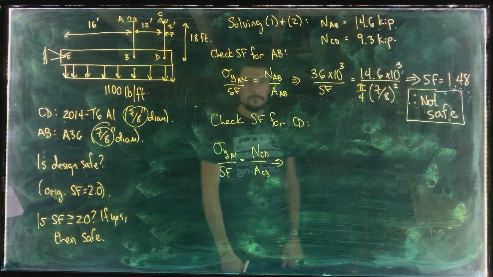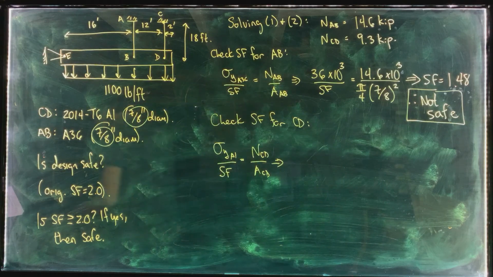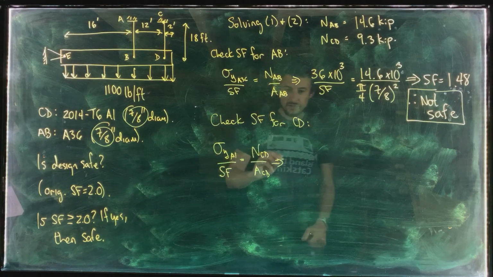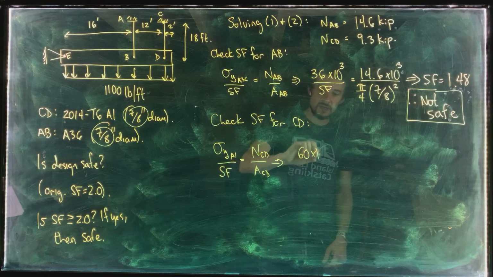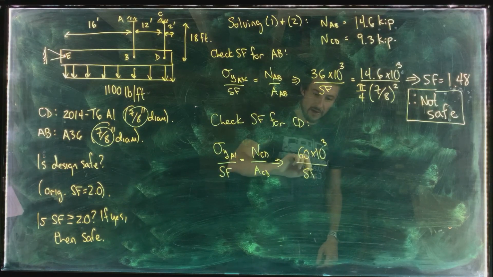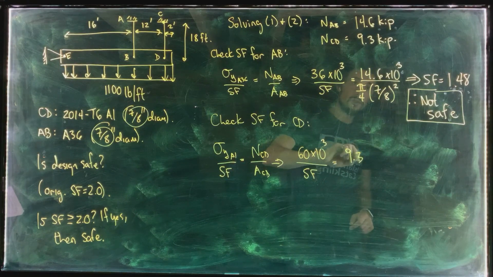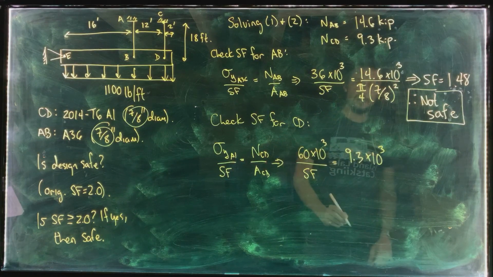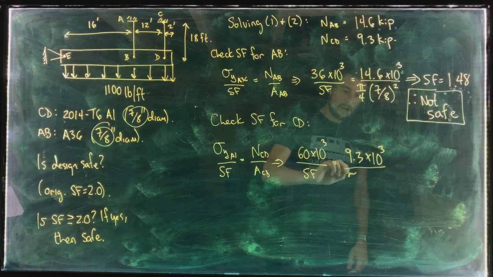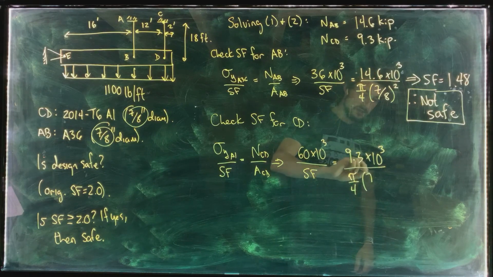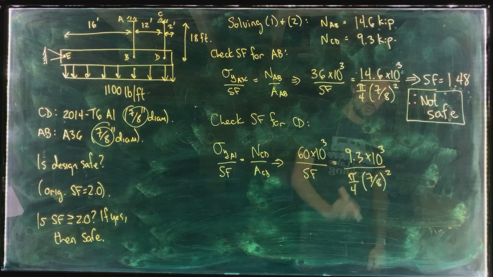So let's do this. I can't even think about what I was doing now. So we want the yield strength for the 2014-T6 aluminum. That's 60 ksi. So we've got 60 times 10 to the 3, divided by the safety factor, equals N_CD, 9.3 times 10 to the 3, divided by pi over 4 times 7/8 inch squared.